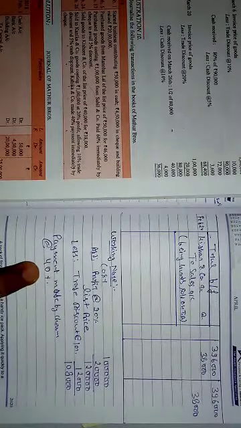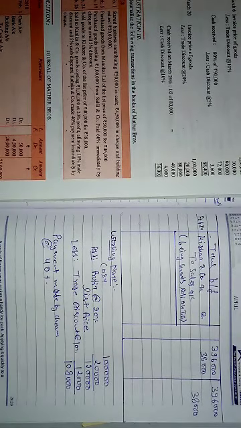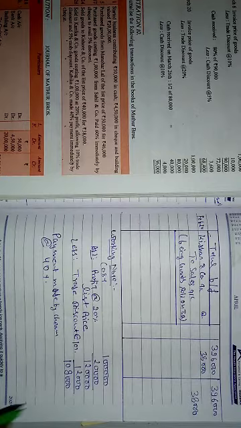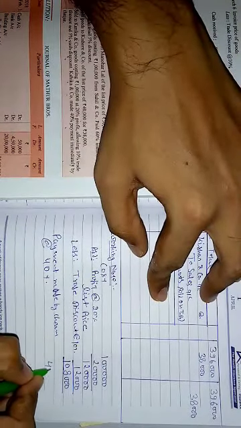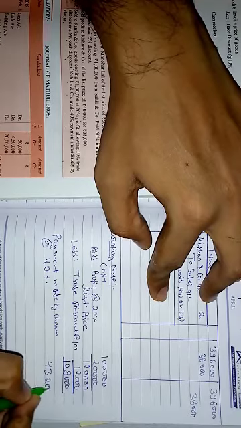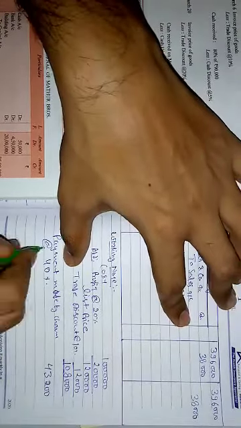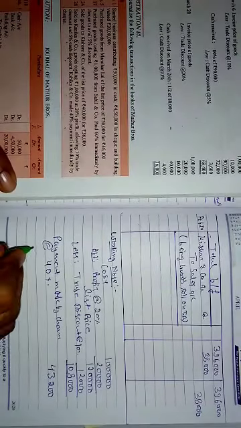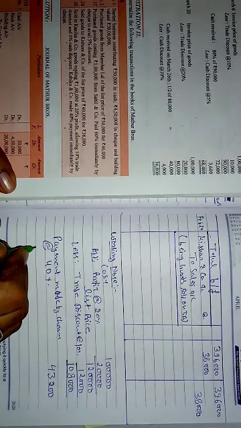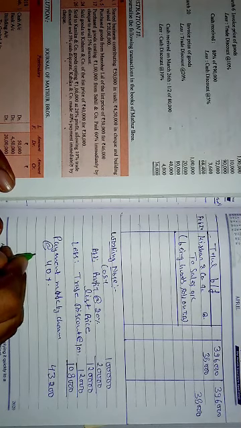So we will calculate 40% on 1,08,000, and it will be 43,200, on which we will receive the discount. Sorry, we will give the discount.